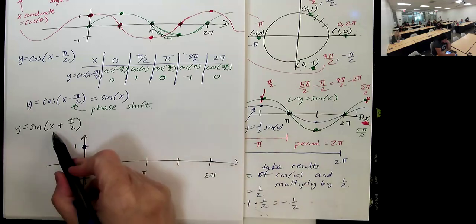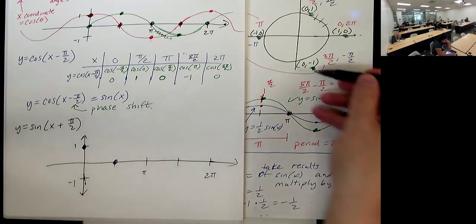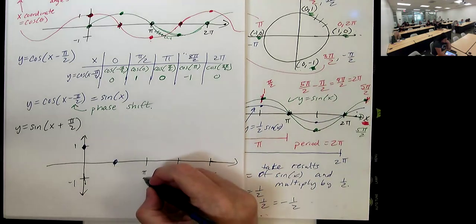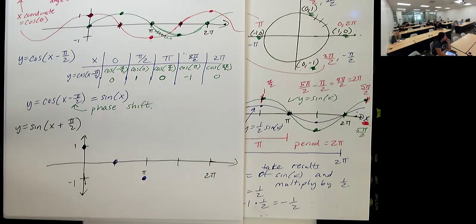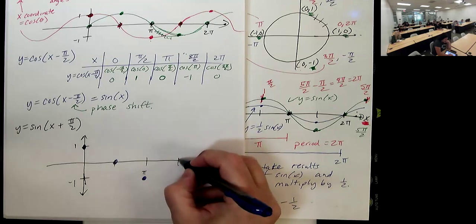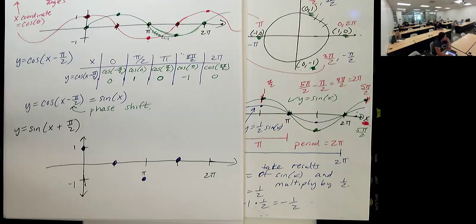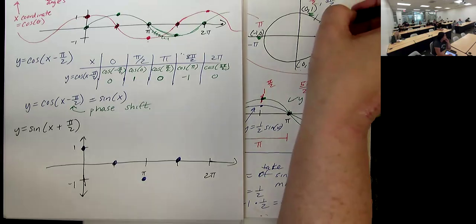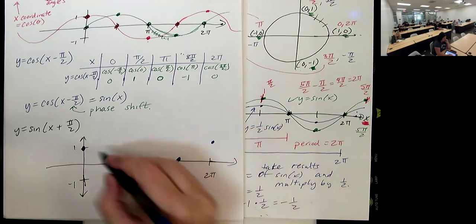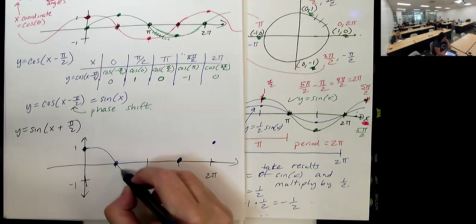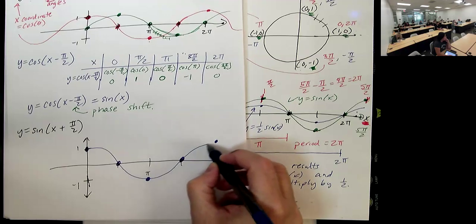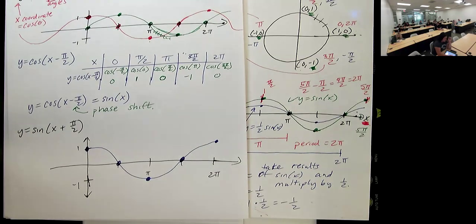If I stick in pi, I have 3 pi over 2. And at 3 pi over 2, we're down at -1. And if I stick in 3 pi over 2, we have 4 pi over 2, which is 2 pi. Sine of 2 pi is 0. And if I stick in 2 pi or 4 pi over 2, we get 5 pi over 2. We're up at 1. And what graph is that? That's cosine.